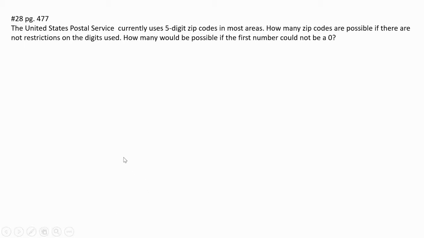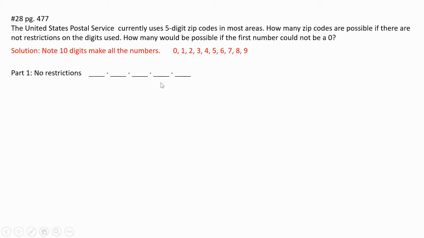I tell my students to actually, if you have 5 digits, right? So these are the digits that make all the numbers, or the possible digits for each one. So I like to do it this way, right? I'm going to put a blank, blank, blank, right? Because there's 5 digits. 1, 2, 3, 4, 5. So we put blanks. Okay, for the first one, right? There's no restrictions. How many zip codes are possible if there are not restrictions on the digits, right?